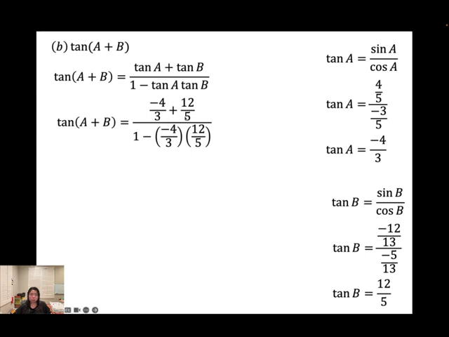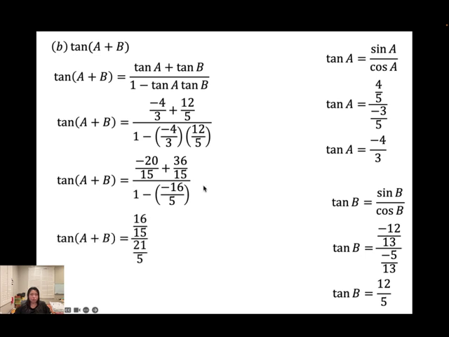That will be 15, right? The LCD will be 15. And then that will be 16 over 15. And this guy, get the same denominator. So 5 plus 16, which is going to be 21. Simplify it, you're going to get 16 over 63.